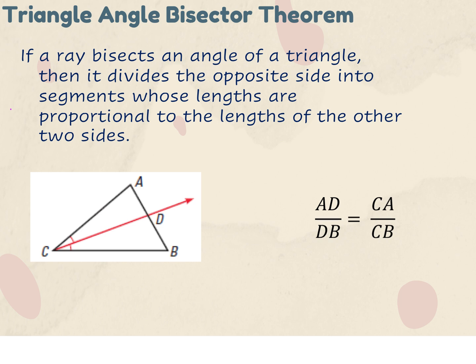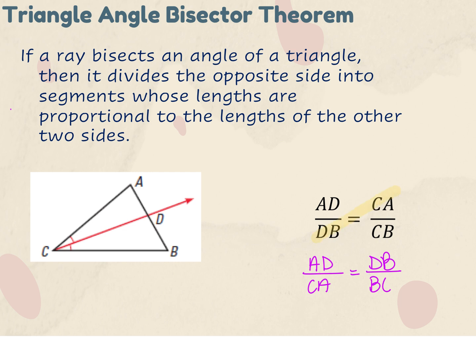Another way you could write it is AD over CA or AC equals DB over BC. Okay, keep in mind if you're looking at these, if I cross multiplied, you can see that you're cross multiplying the same values.